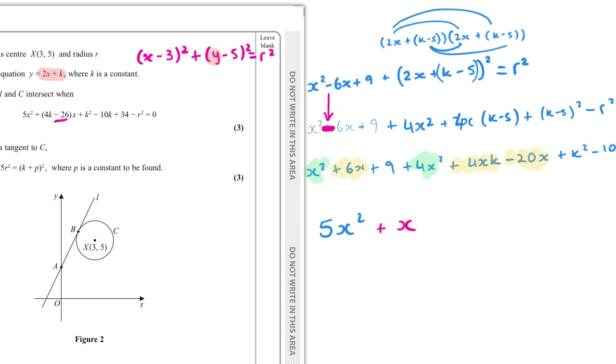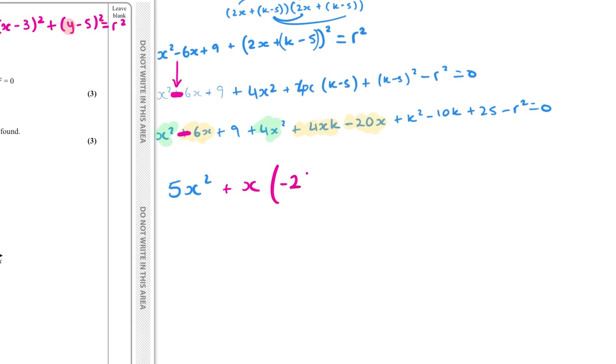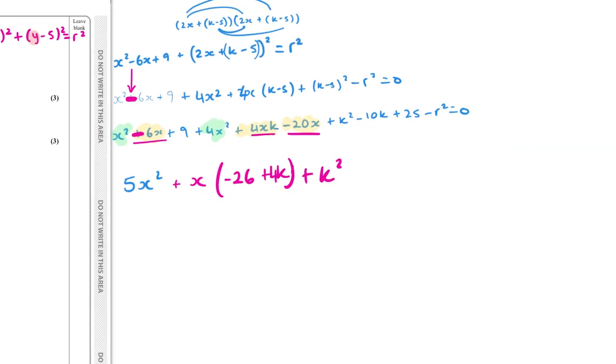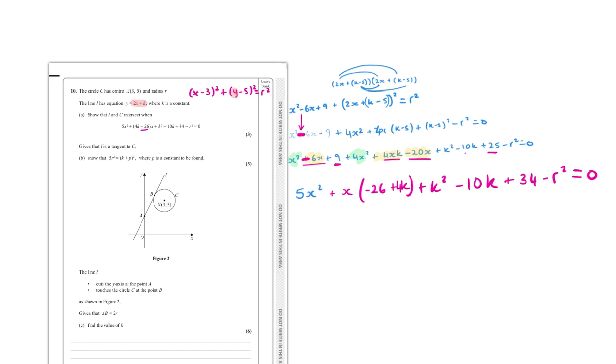For some reason, I've written minus, I've put plus here. Just make sure you check what's going on. Okay, so this is going to be minus 26 plus 4k, because we're essentially factorizing out the x. Then we have the k squared, so plus k squared minus 10k. Then we've got 9 plus 25 is plus 34 minus r squared equals 0. Perfect. And that's exactly what they've got.